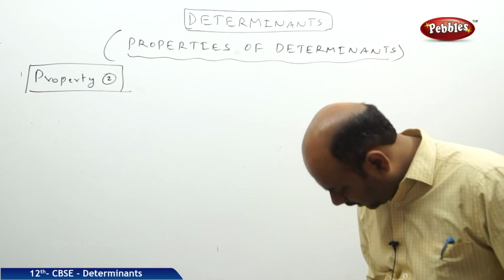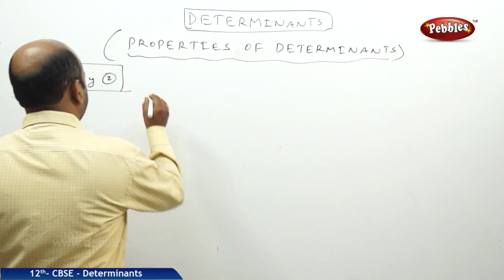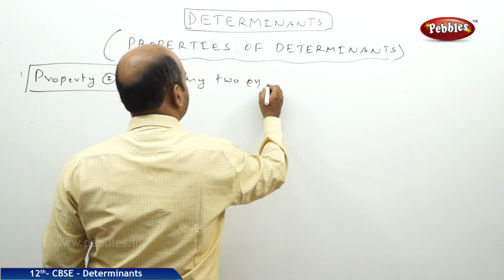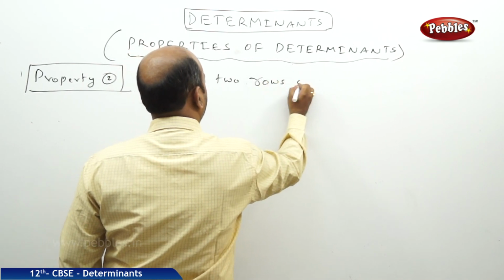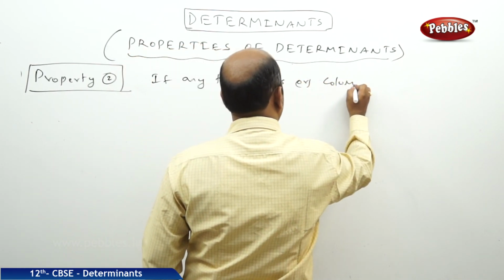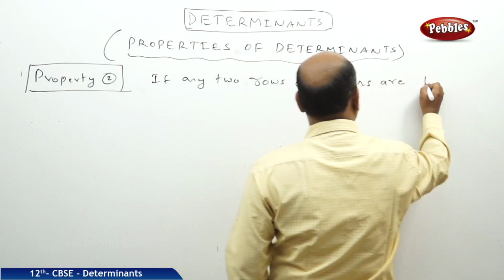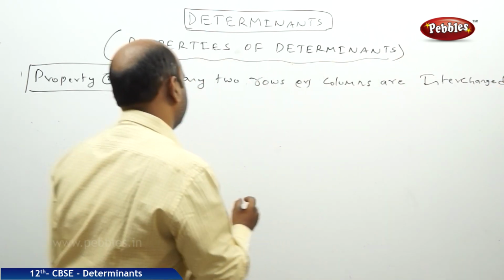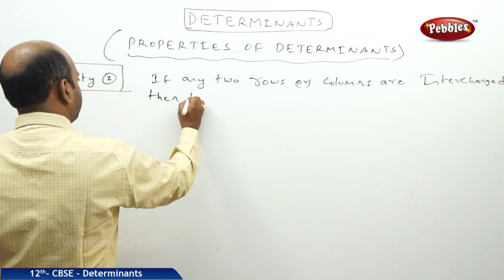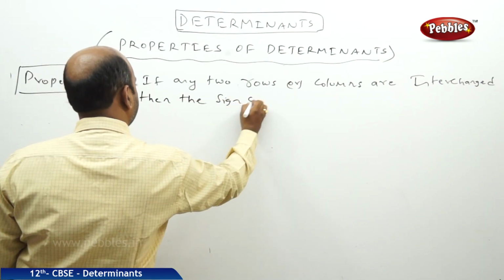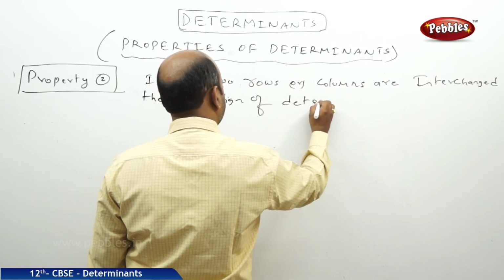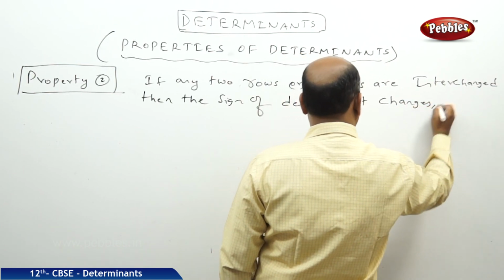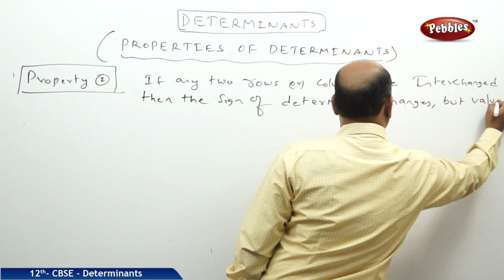We are going to see the second property. What the second property is telling is, if any two rows or columns are interchanged, then the sign of the determinant changes, but the value remains the same.